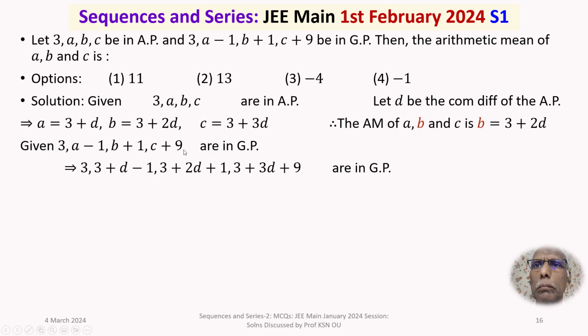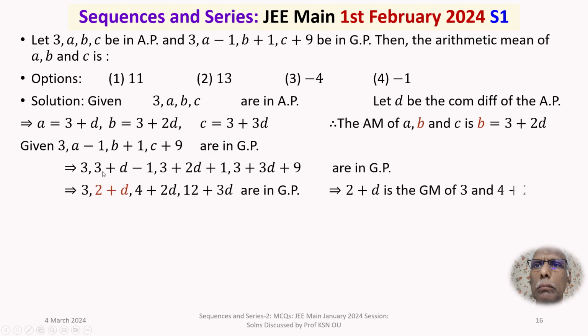C plus 9: C is 3 plus 3D plus 9. Simplify. So this will be 3, the second one is 2 plus D, the third one is 4 plus 2D, the fourth one is 12 plus 3D.